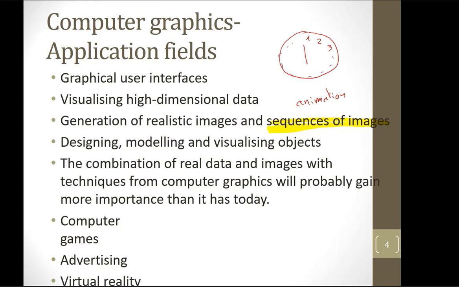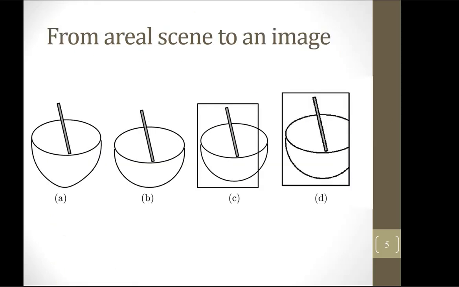Here we can see an animation of this clock, and this clock will give us real time. So this is an example of animation. It's a sequence of images, not one image.